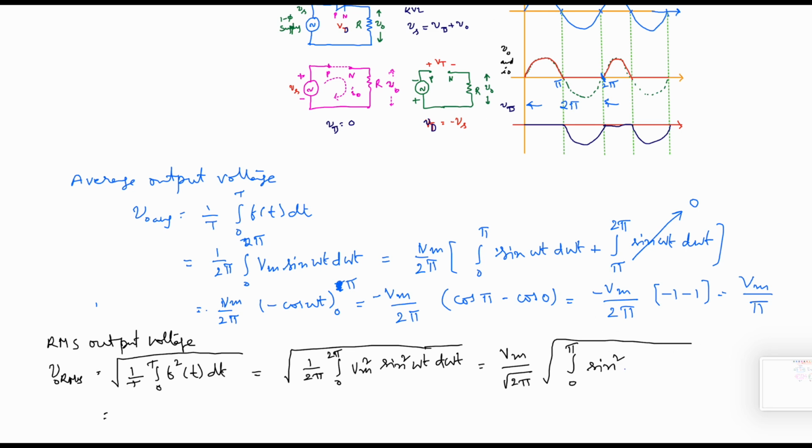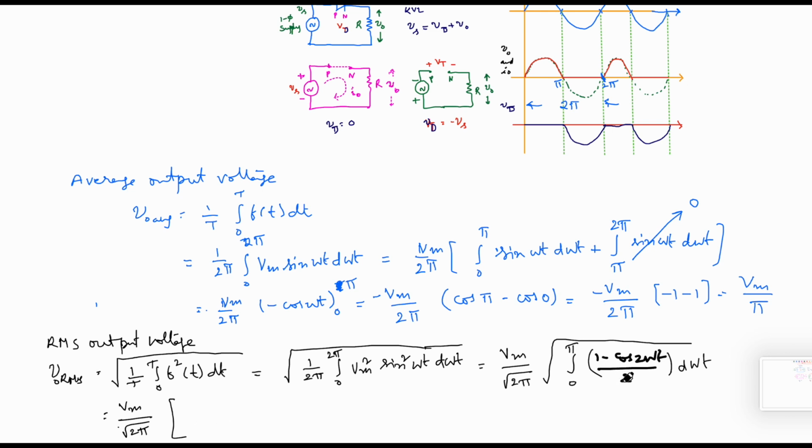So let me take sin square omega t as 1 minus cos 2 omega t by 2 d omega t. Okay, so which is equal to Vm by root 2 pi.